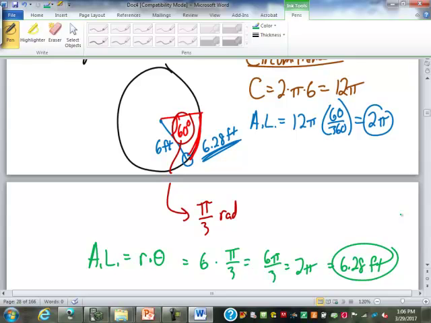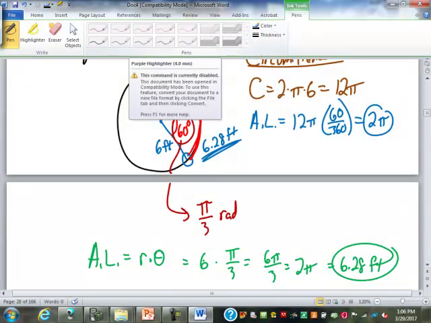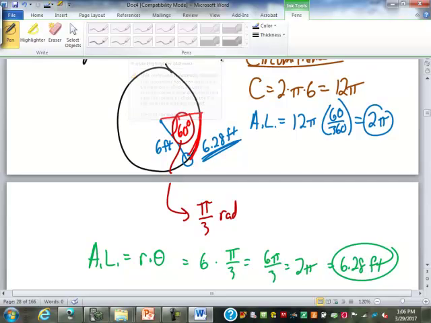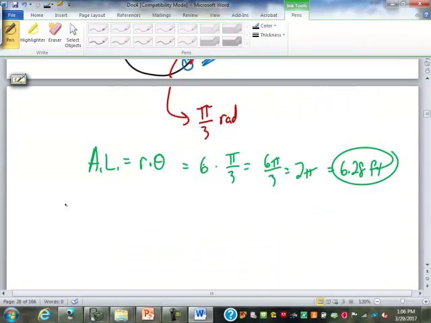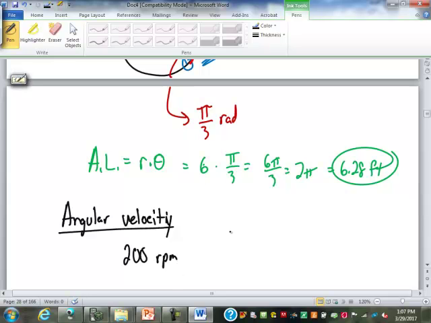So when we're talking about angular distance, or distance around the circle, if the angle is measured in radians, it's really easy to find that length. It's also angular velocity. Let's say this is spinning at like 200 RPM, right?